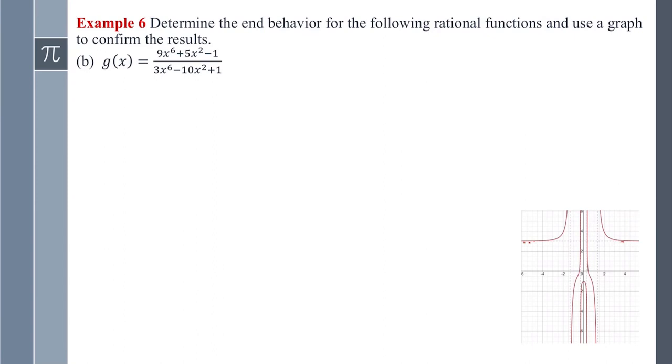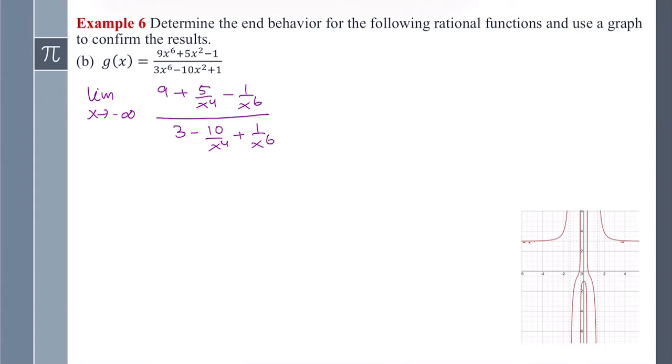So for the next example, we are going to do the same thing that we did for the previous one. We are going to divide everything by the highest power of the denominator, which is x to the sixth. So limit as x approaches, let's do negative infinity. When we divide by x to the sixth, we'll get 9 plus 5 over x to the fourth minus 1 over x to the sixth, divided by 3 minus 10 over x to the fourth plus 1 over x to the sixth.